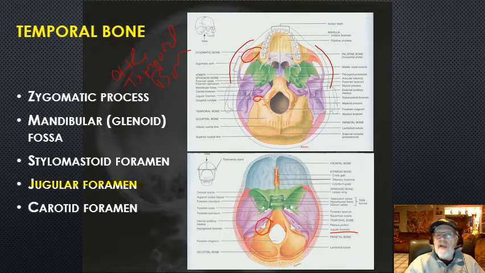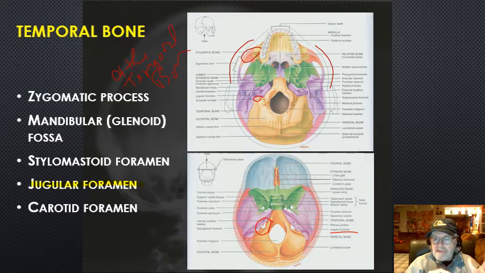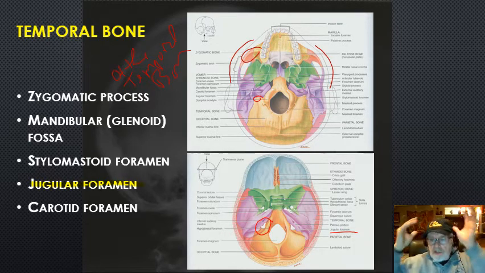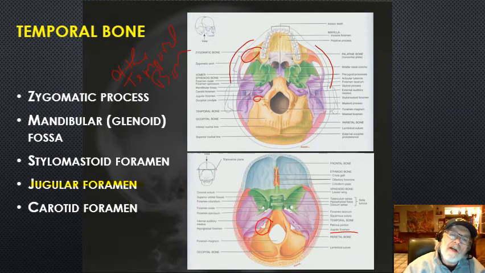Actually, what happens is the venous blood in the brain doesn't really come in like veins. It sits in what are called venous sinuses, which are actually folds in these membranes that cover the brain, and that's how we get most of the blood back out of the skull, the venous blood to go back to the heart. And if you look down here, I'm going to show you. We'll talk about this in our next video.